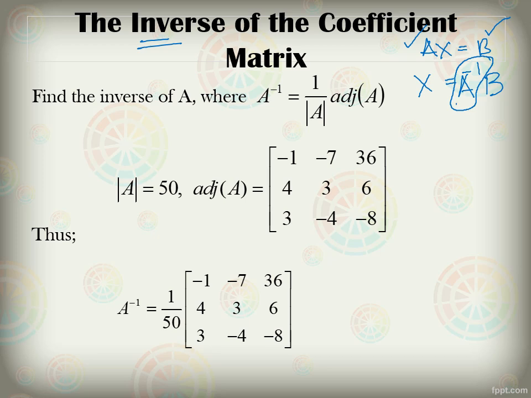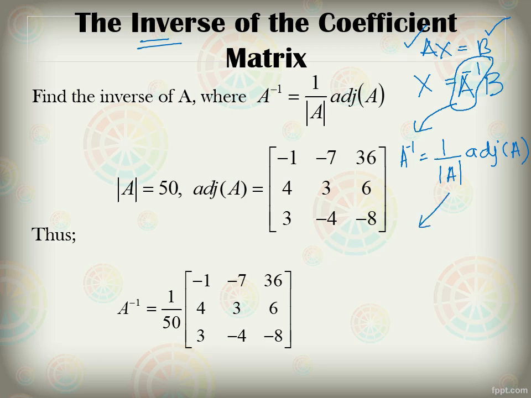Okay, but we can calculate the inverse of matrix A by using the formula 1 over the determinant of matrix A times the adjoint of matrix A. If you can still remember, we have two methods to find the determinant.